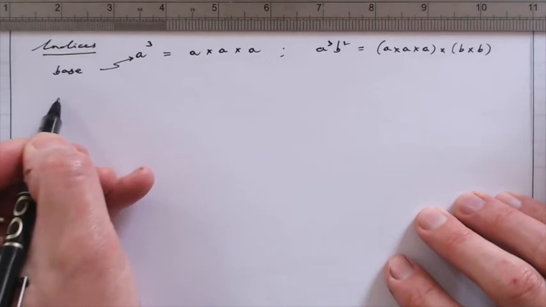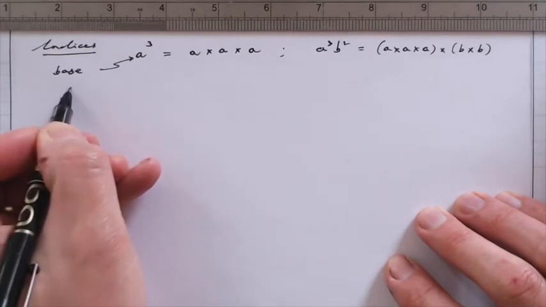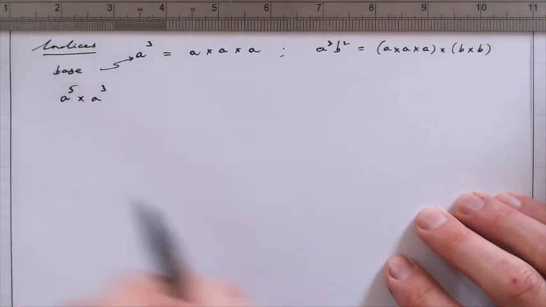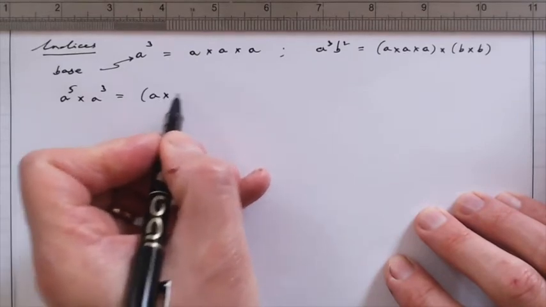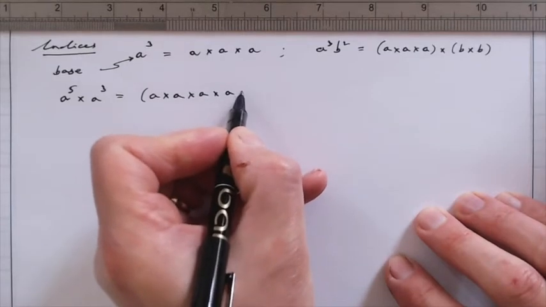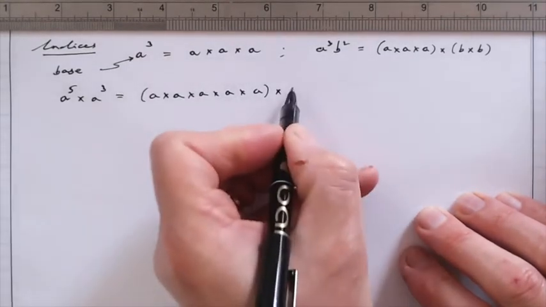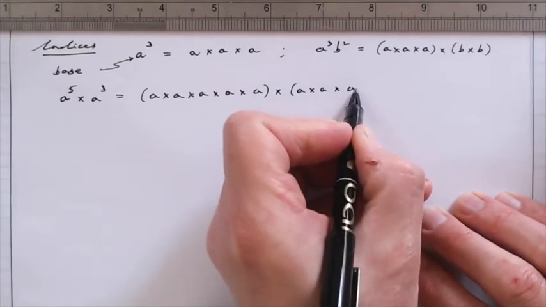So let's start with a simple example. Let's imagine that we have a to the 5 multiplied by a to the 3. What does that literally mean? It means a multiplied by itself 5 times, and then multiplied by a cubed, or a multiplied by itself 3 times.